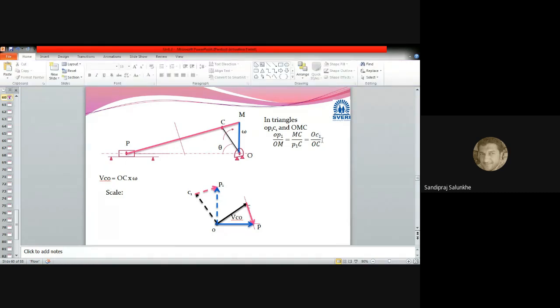And this is equal to some constant. What that constant is, we will find out. Can we make this statement?